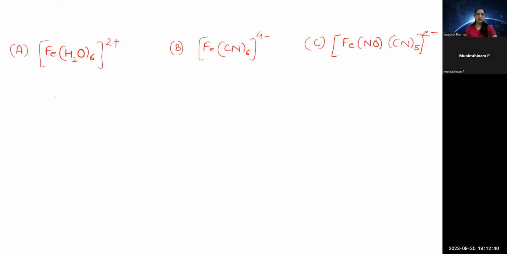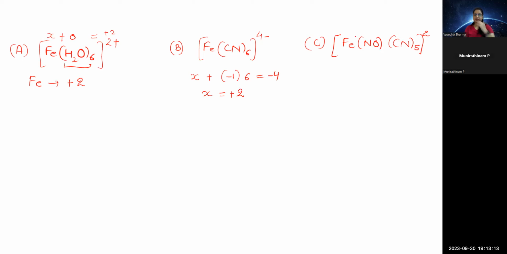Firstly we'll check their oxidation state. Here water is a neutral ligand, so iron is in +2 oxidation state. We have already seen how to calculate the oxidation state. If I take the oxidation state as X, water does not contribute any charge, so it's 0 and +2, so it becomes iron in +2. Here also, X, CN is -1 charge into 6, -4, X becomes +2.